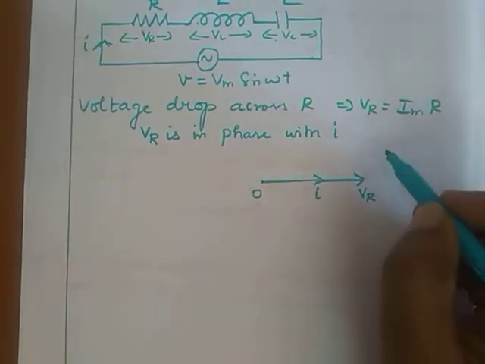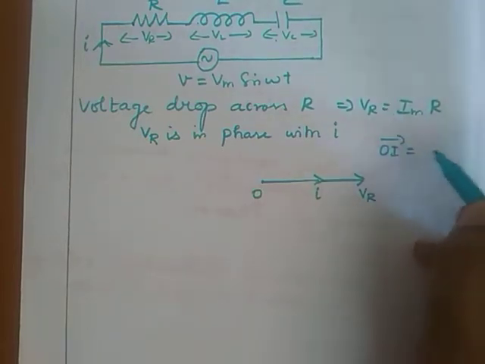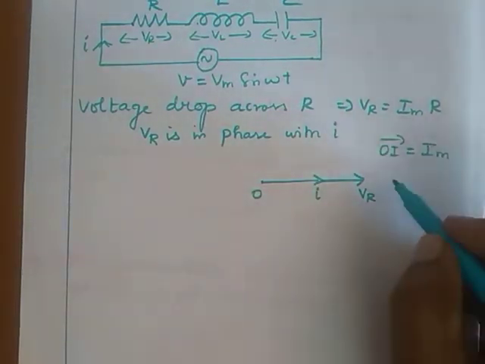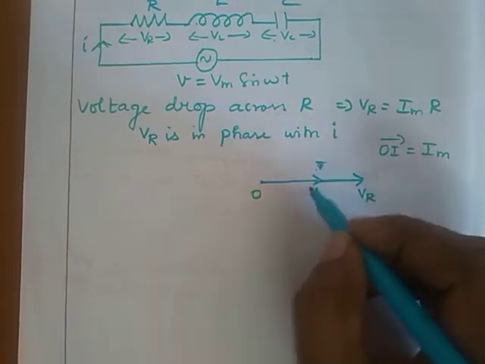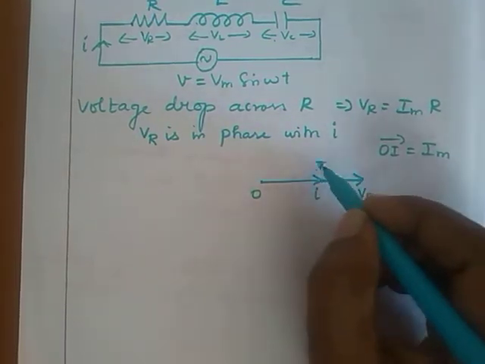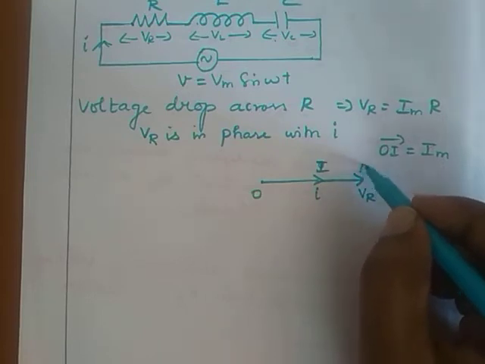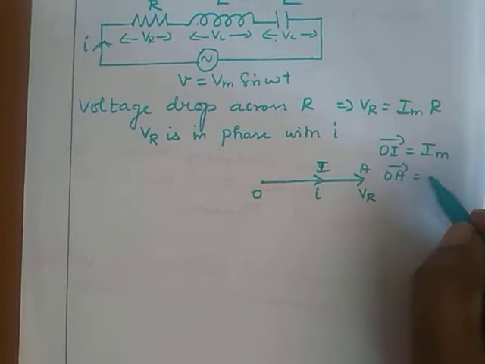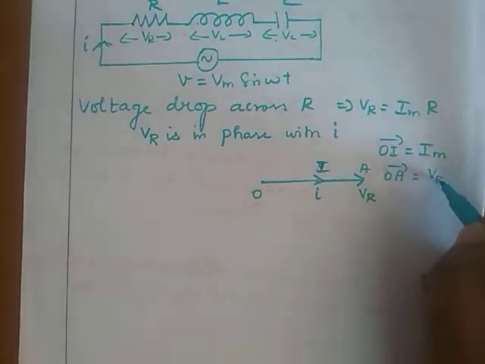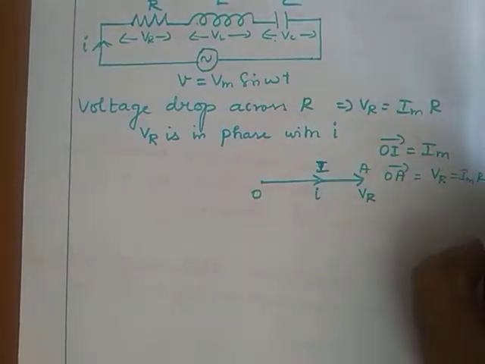Here the OI value, this phasor, is known as Im, and this one is I. This one is named as A. Then the OA vector is VR. We know VR is equal to Im R.